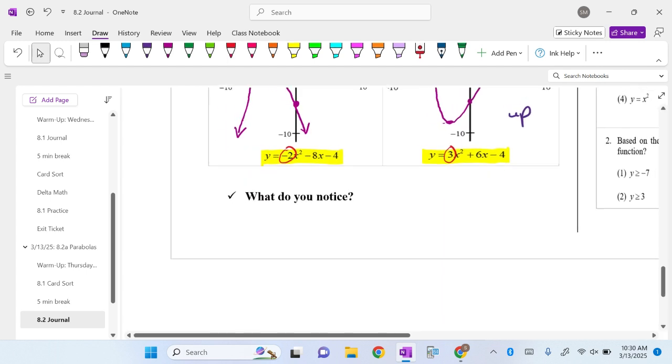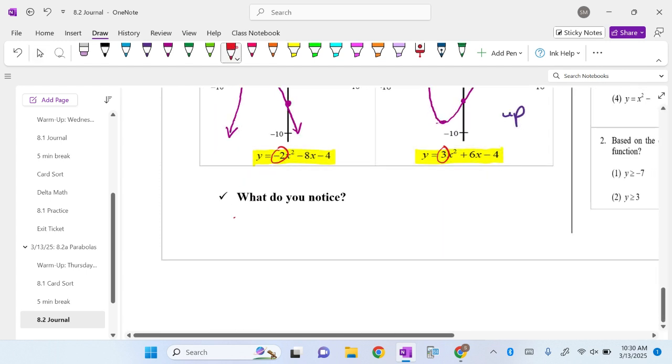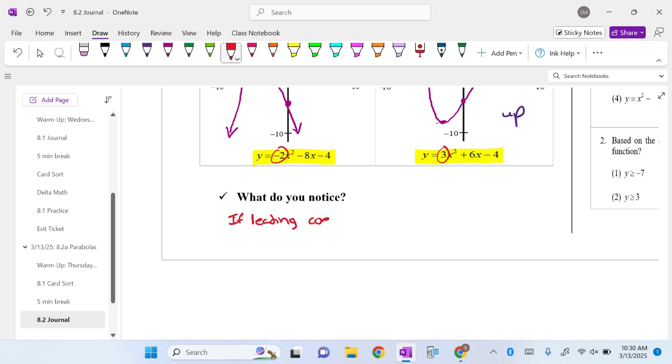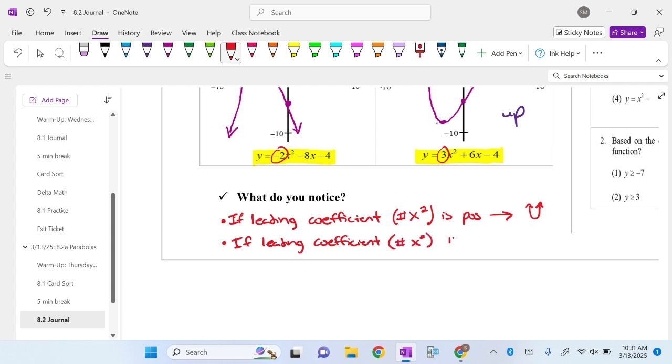That's actually what's going on. So what happens is that if your leading coefficient, and remember the leading coefficient just means the number connected to our highest exponent variable, so in this case the number connected to the x squared, is positive, we're guessing it opens upward, or looks like that U. And if the leading coefficient, so again, the number connected to the x squared, is negative, we're thinking it's opening downwards.